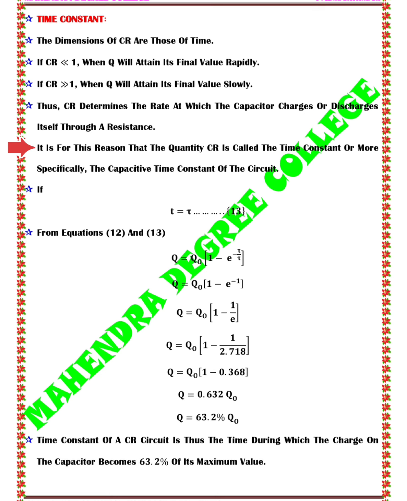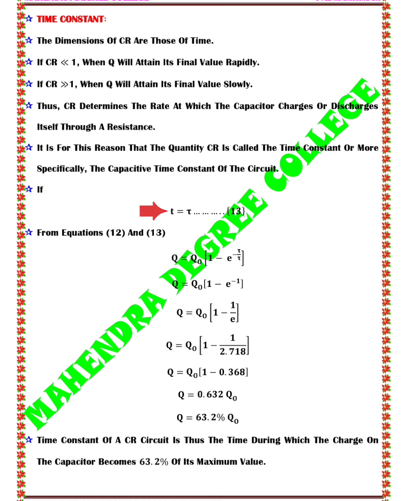In simple terms, the time constant tau equals CR is fundamental in controlling how fast or slow the voltage or current changes in an RC circuit.